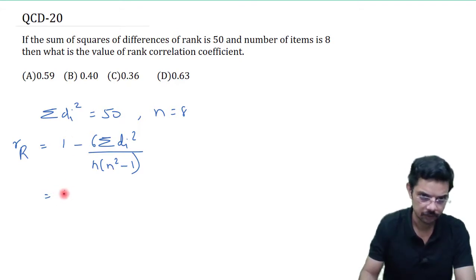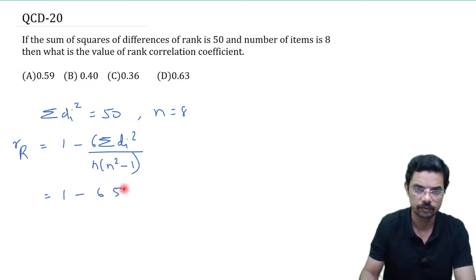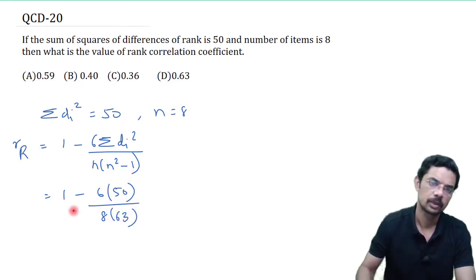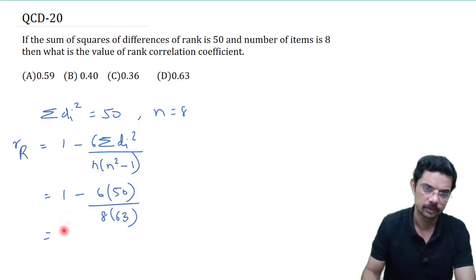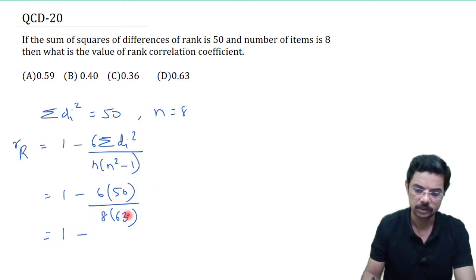So, this is equal to 1 minus 6 into sigma di square, which is given to you as 50, divided by n into n square minus 1. What is n? n was 8, 8 into 8 is 64, minus 1 is 63. Let us calculate this further. This is 1 minus 6 into 50 divided by 8 into 63.